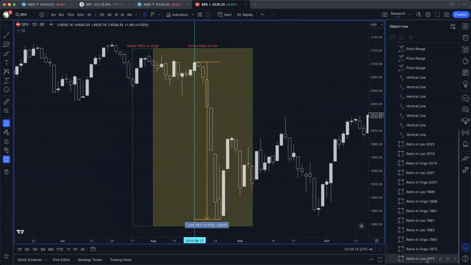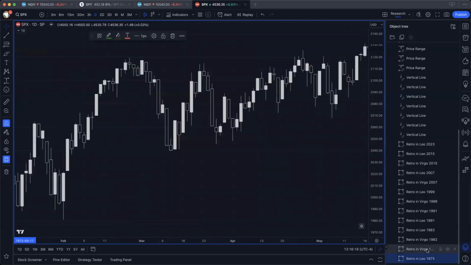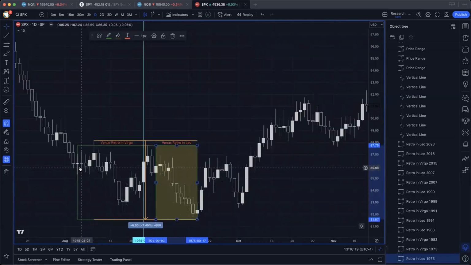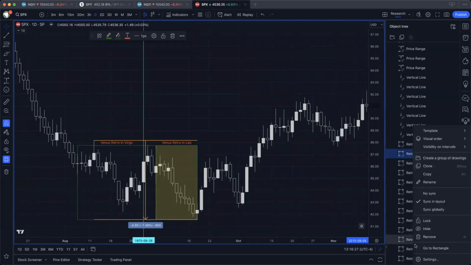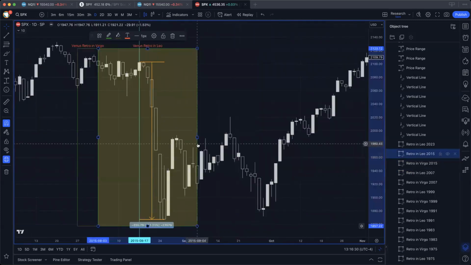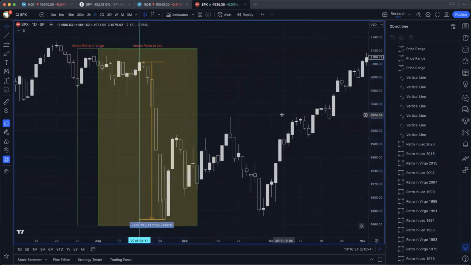I think 1975 was lower, and same with 2015. Yeah, 1975 closed pretty much at the low. Okay. And 2015 was lower as well. Pretty much everything else was reasonably close opening to closing price.